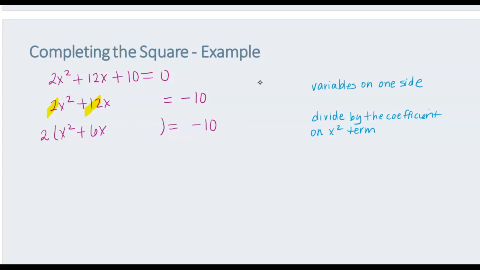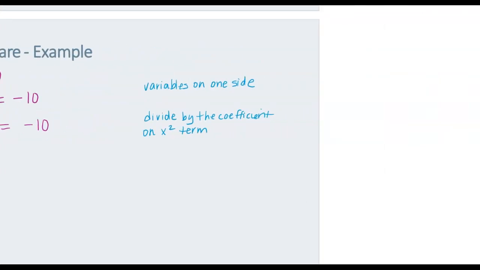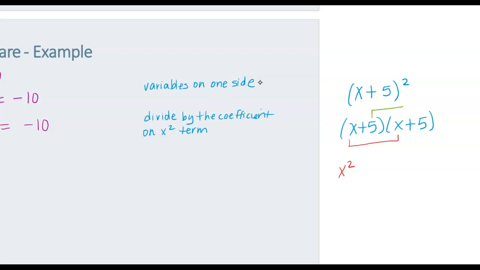Now this is the completing the square part. It comes from the idea that when I have a perfect square, which would be the same thing multiplied by itself, the process I can use to multiply this out is the first terms are going to get squared. The last terms are going to be squared.